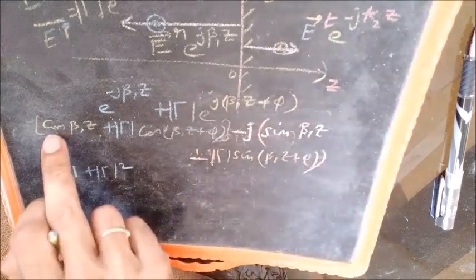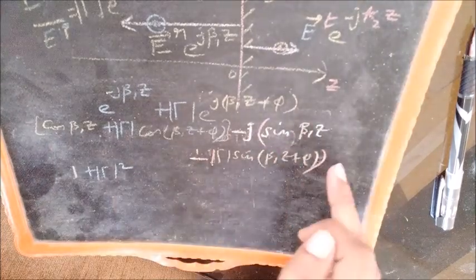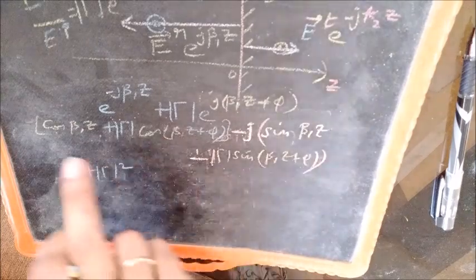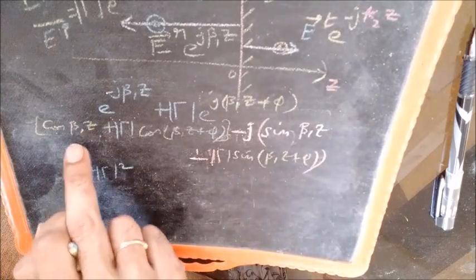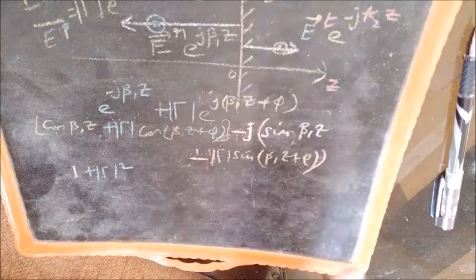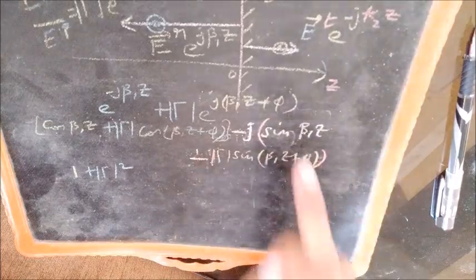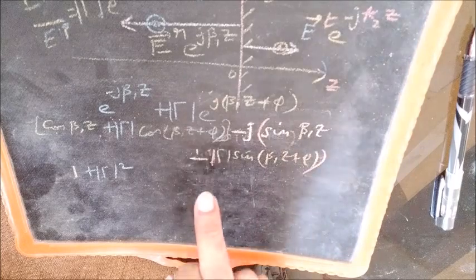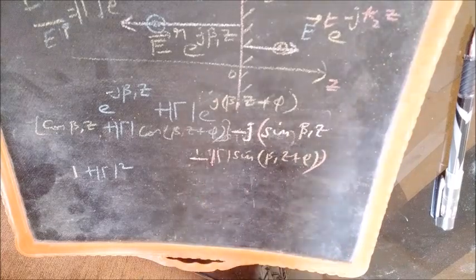You got sin square here, you merge it with this, and now you have 2 cos beta 1 z magnitude gamma cos beta 1 z plus phi, and you have minus 2 sin beta 1 z magnitude gamma sin beta 1 z plus phi.